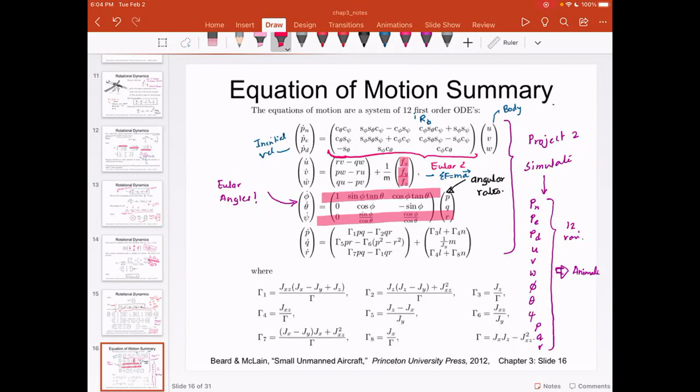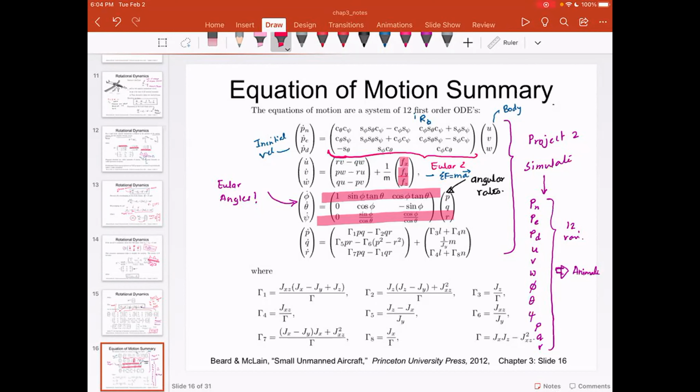the moments, and we have the moments of inertia for the aircraft, and on the left hand side we have p dot, q dot, r dot, which are nothing but angular accelerations.